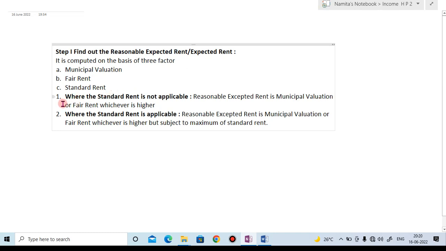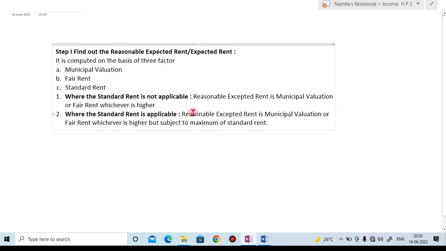Okay, so where the standard rent is not applicable, that means if in the question or example a standard rent amount is not given, then what is your expected rent? Where the standard rent is not applicable, reasonable expected rent is municipal valuation or fair rent, whichever is higher.